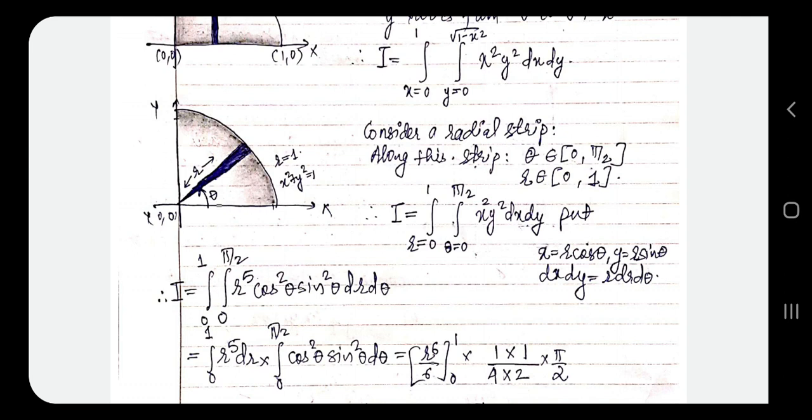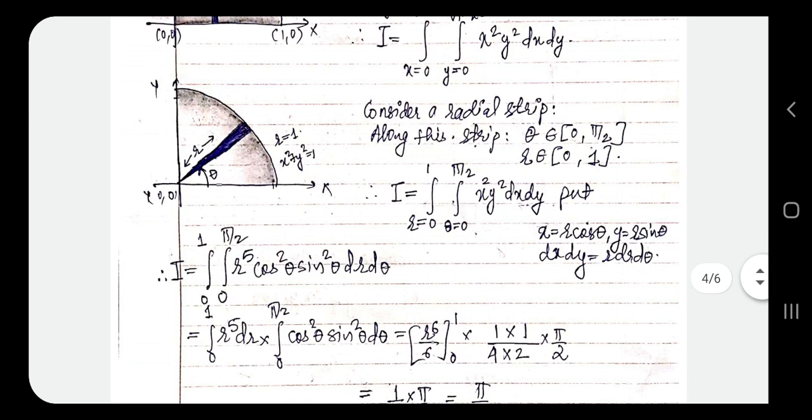So with these limits, I have reached up to here that integral I is r from 0 to 1, theta from 0 to pi by 2, x square y square. I cannot write x square y square dx dy once I have substituted the limits in r and theta. So I have to think of polar coordinates.